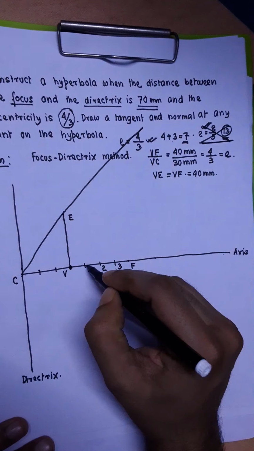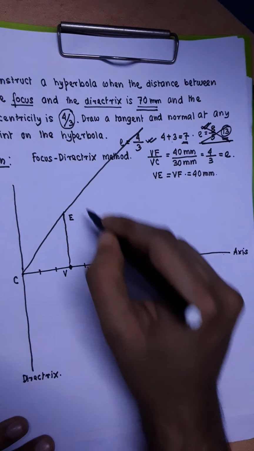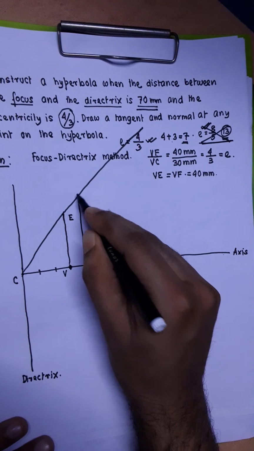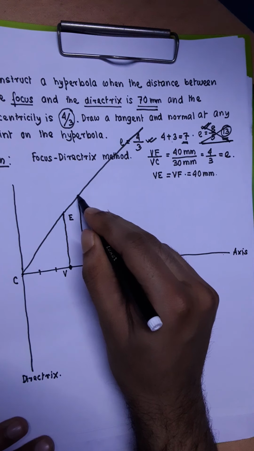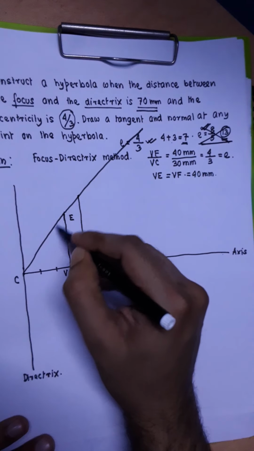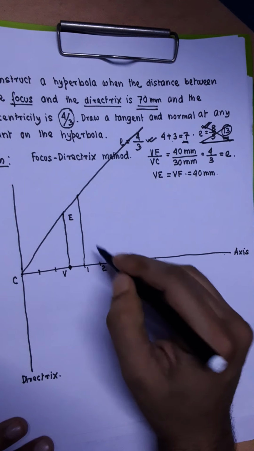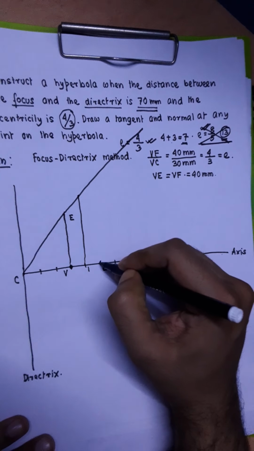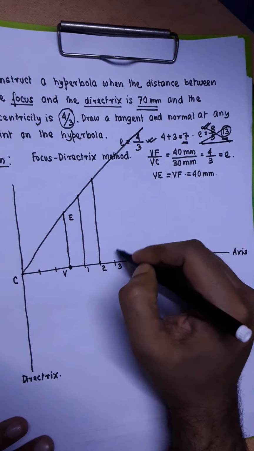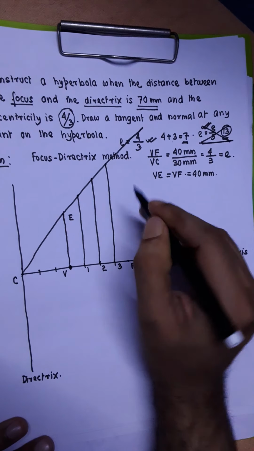Then what you do is, through the points 1, 2 and 3, you draw 3 vertical lines up to this line. So through 1 we draw a vertical line and terminate this line once it intersects the extended version of the line CE. Similarly, through the point 2 we draw another vertical line up to this line, and through the point 3 also we draw another vertical line up to this line.